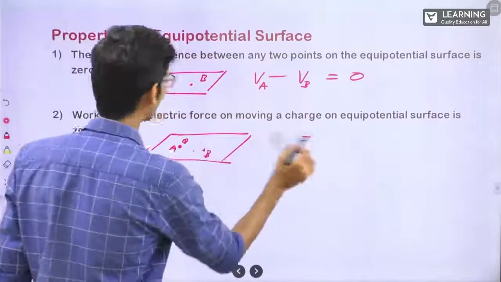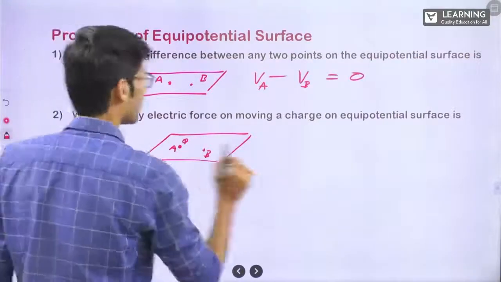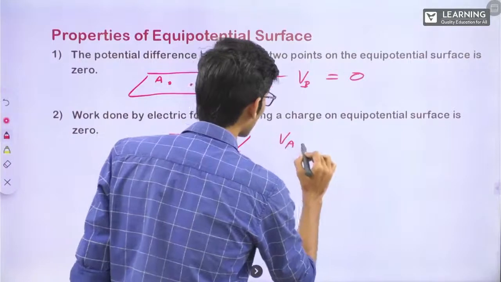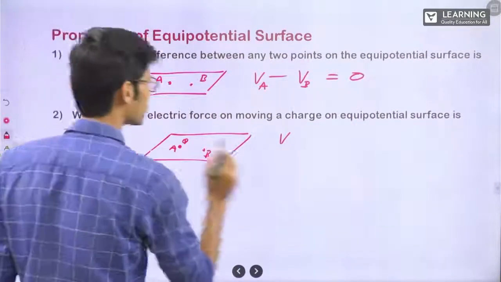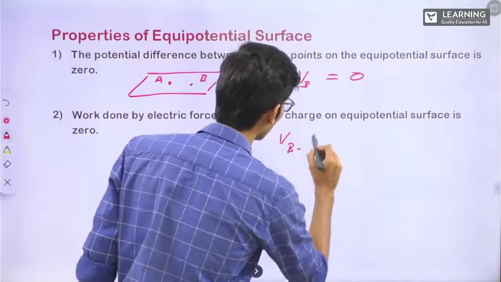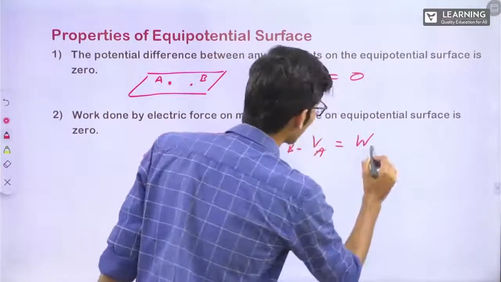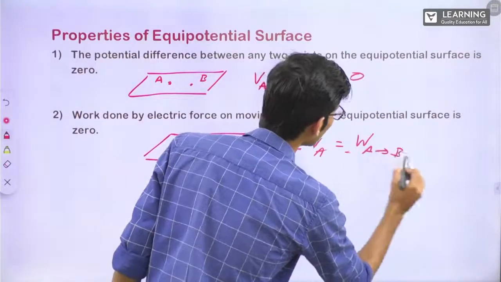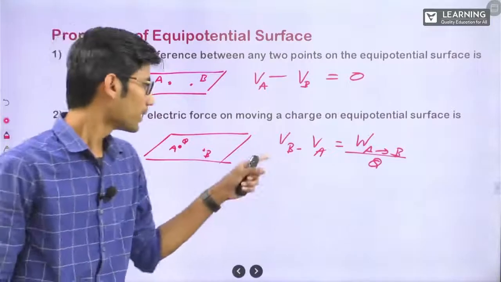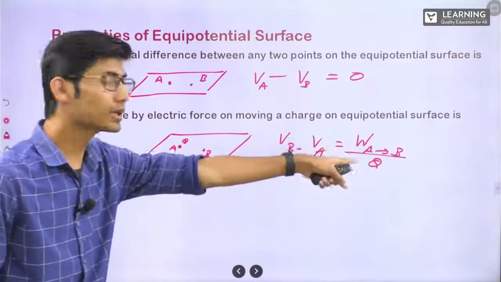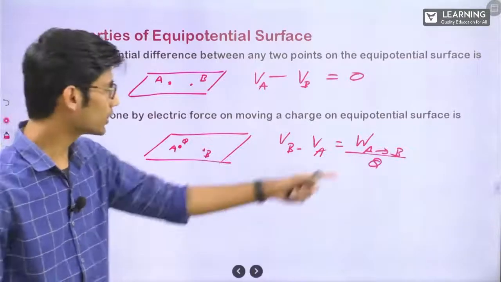If you remember by definition, VB minus VA, if we have to take a charge from A to B, is equal to work done in taking the charge from A to B divided by the charge. Remember the first lecture of potential? Now here, this is what?